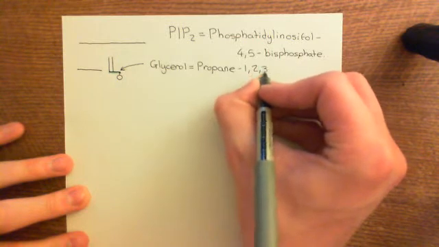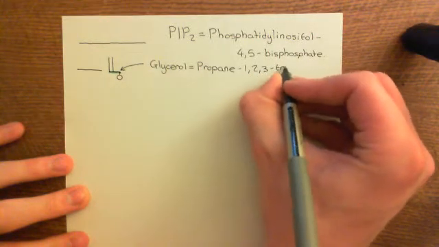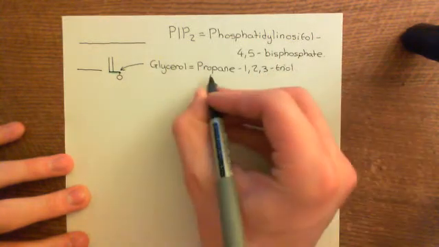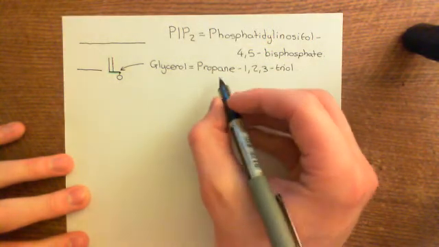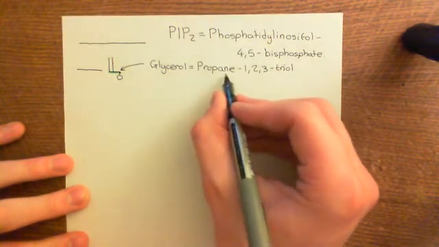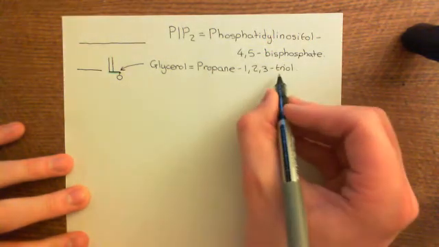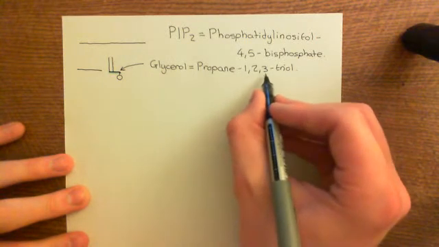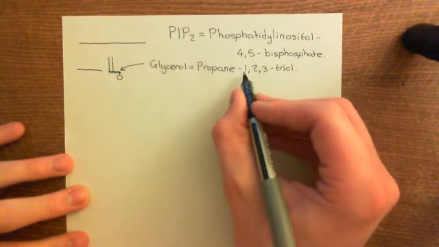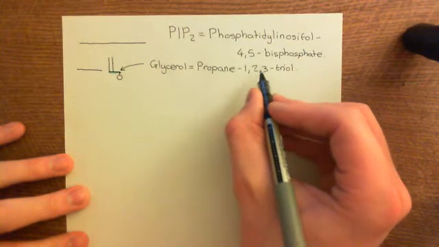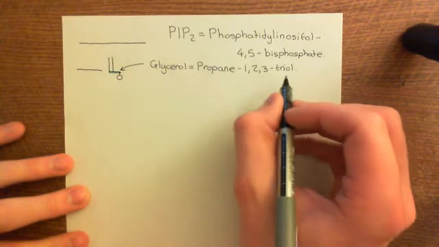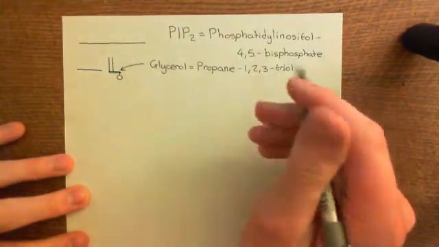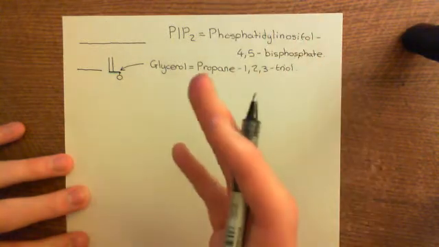Although that's a bit of a mouthful, it's nice because it tells you exactly what it is, whereas glycerol doesn't give you a clue. It's a 3-carbon molecule where you have an alcohol group coming off every single one of those carbons. The first carbon has an alcohol, the second has a single alcohol, and the third has a single alcohol. That's what glycerol is.